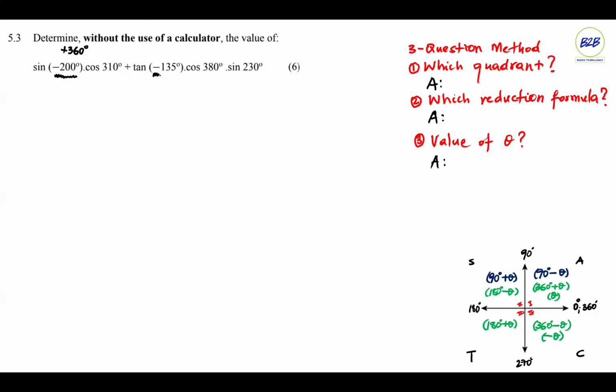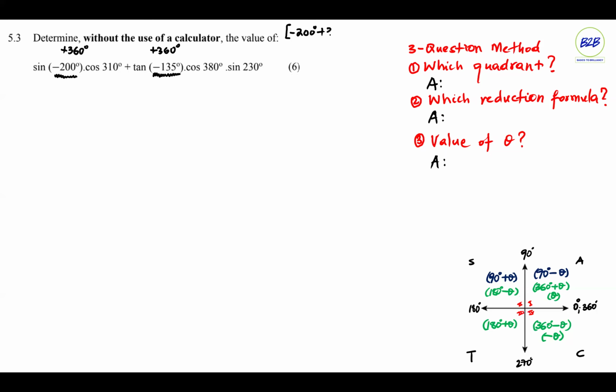Similarly, when you deal with the third angle here, which is negative 135 degrees, we must then add 360 degrees. So that is how we basically deal with the negative angles. So to write that, we have negative 200 degrees.